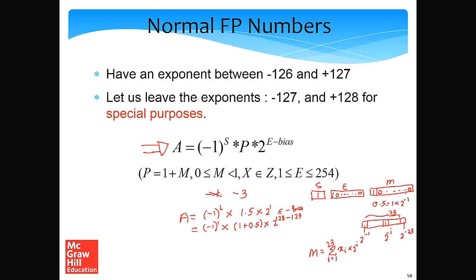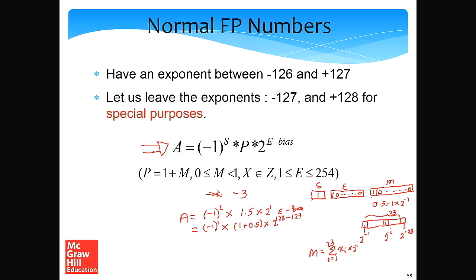Alright. And so it's actually very easy. First we represent the sign bit. Then we figure out the value of the E field by adding the bias to the exponent, which is 128. And then we figure out the mantissa. The mantissa, mind you, is strictly less than 1, and it is greater than or equal to 0.